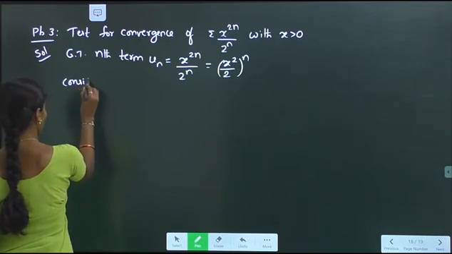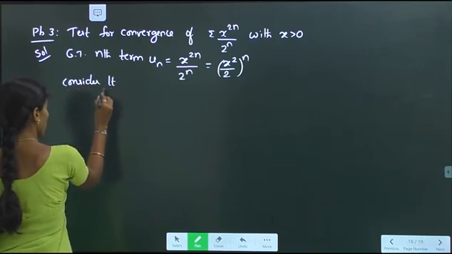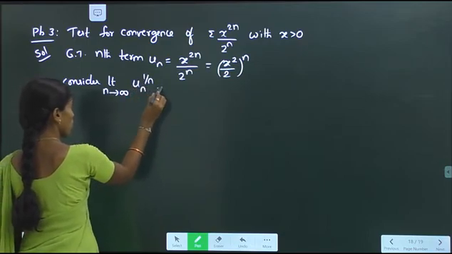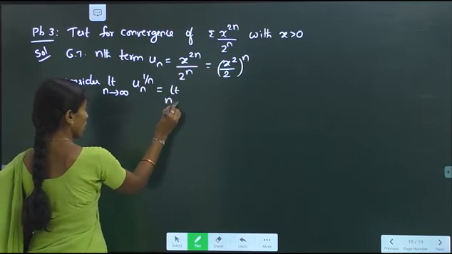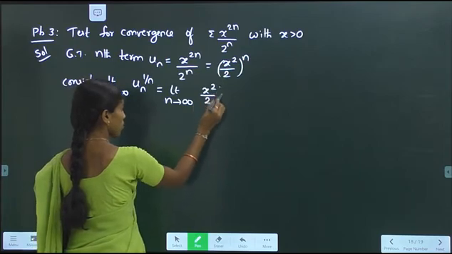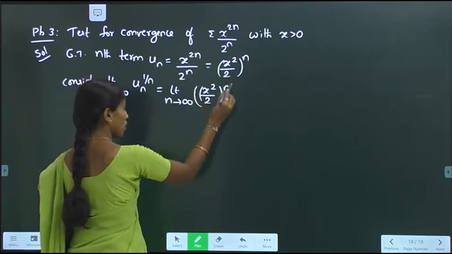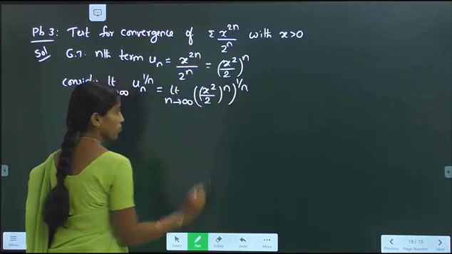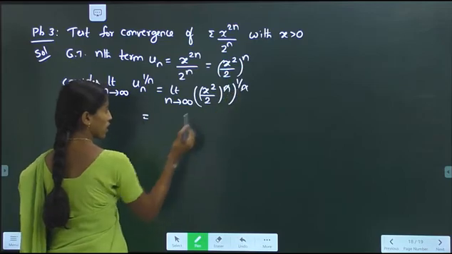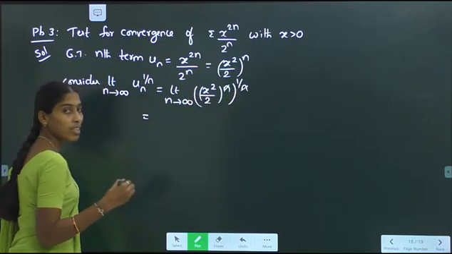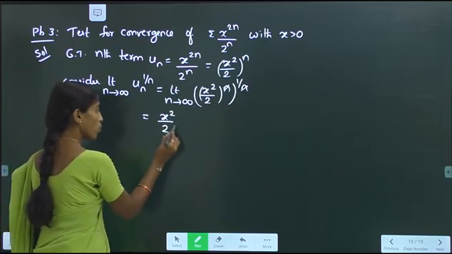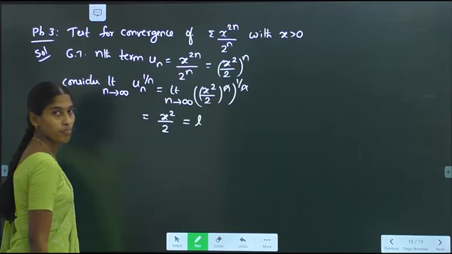Consider limit n tends to infinity un to the power 1 by n. Limit n tends to infinity, x square by 2 power n whole to the power 1 by n. As n tends to infinity, these two get cancelled. The term which does not contain any n, so it is x square by 2 only, which is L value, right?